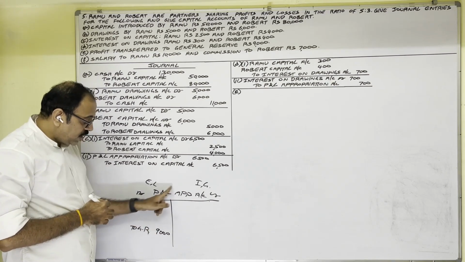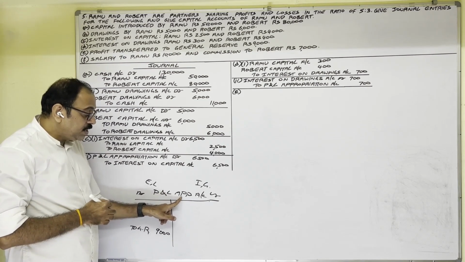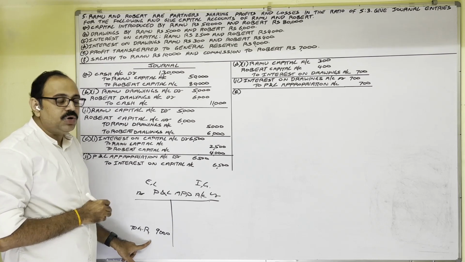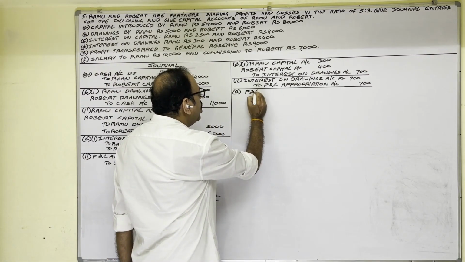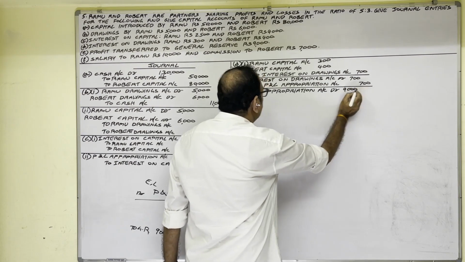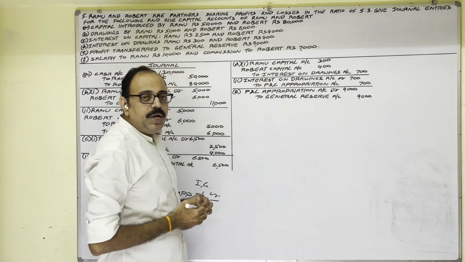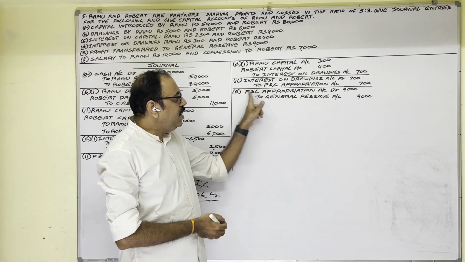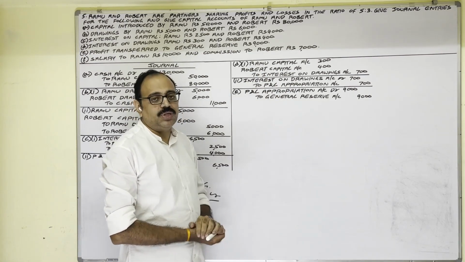If you want to post like this, while writing the journal entry, P&L appropriation account should be debited, general reserve account should be credited. So what is the entry to transfer the profit? Profit and loss appropriation account debit 9,000 to general reserve account. In E there is only one entry. Narration is being the profit in profit and loss appropriation account is transferred to general reserve account.